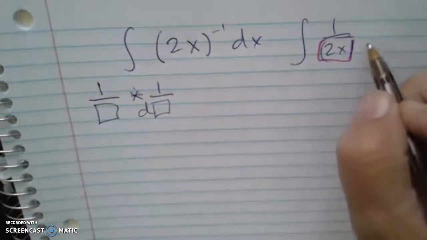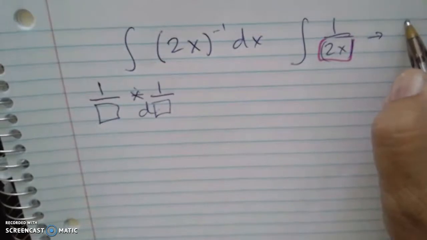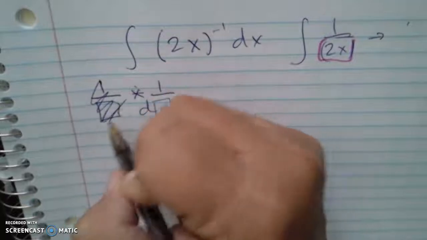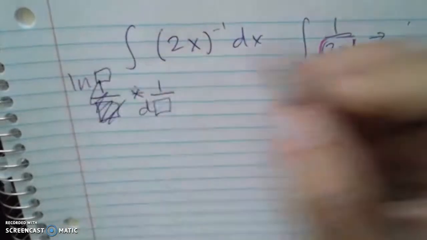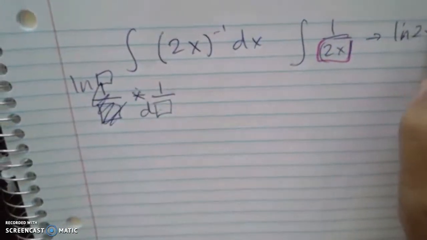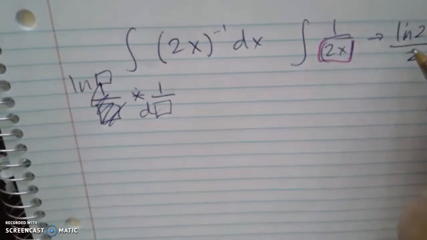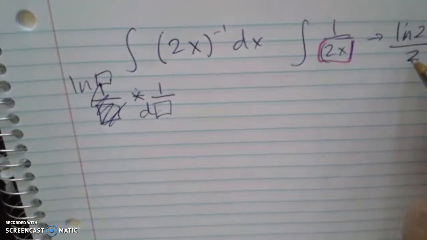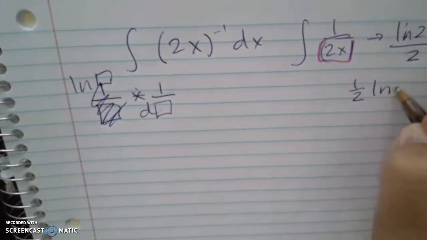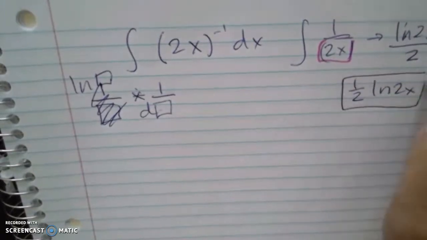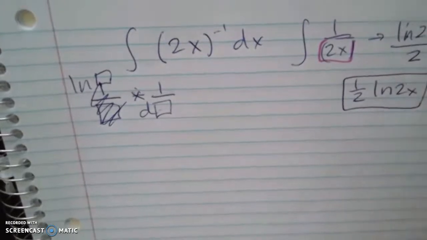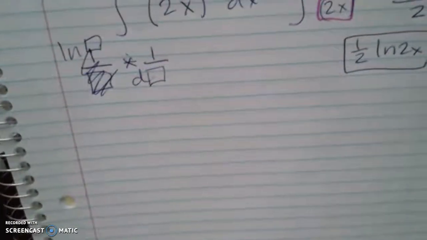So this is going to be not 1 over the box, ln of the box. So I'm going to get ln of 2x divided by 2. And I can rewrite that as 1 over 2 ln of 2x. That's going to be my answer. Let me do another one like that.